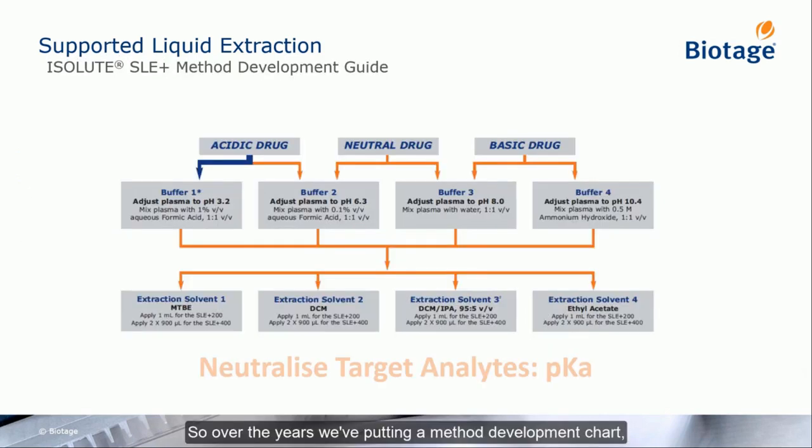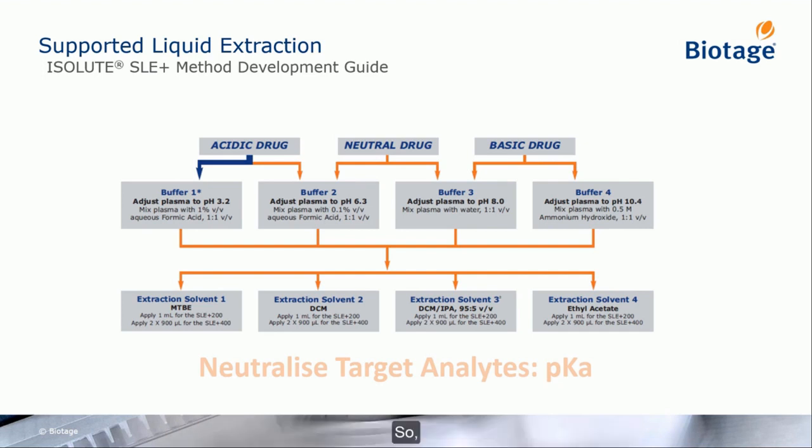So over the years we've put in a method development chart really to help people. So depending if your drugs are acidic, neutral or basic, we generally suggest some generic pH pre-treatment to start with. Ultimately here you're looking to neutralize your target analytes.